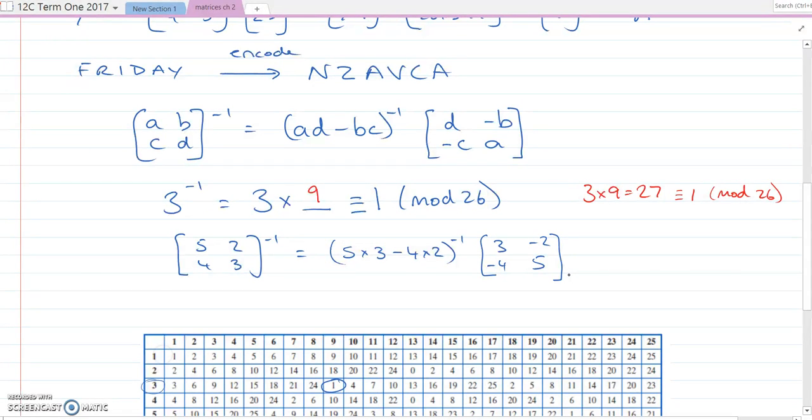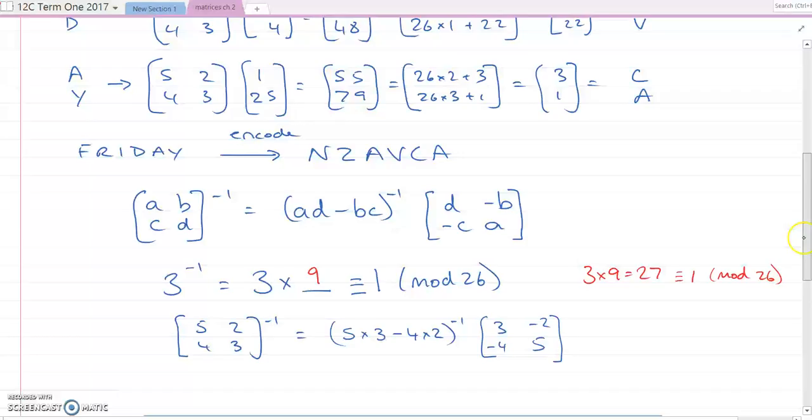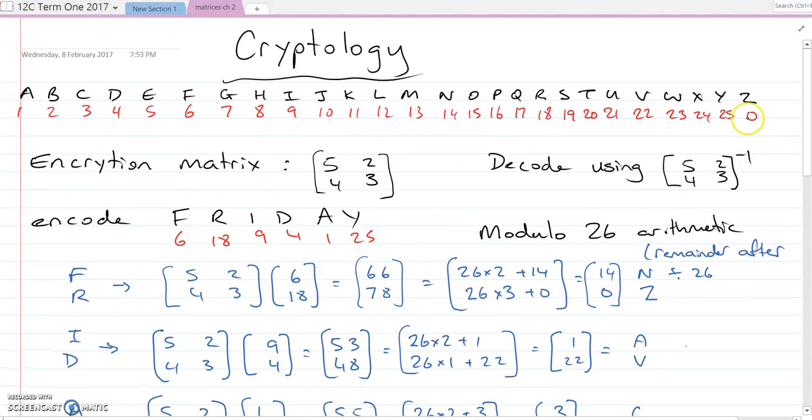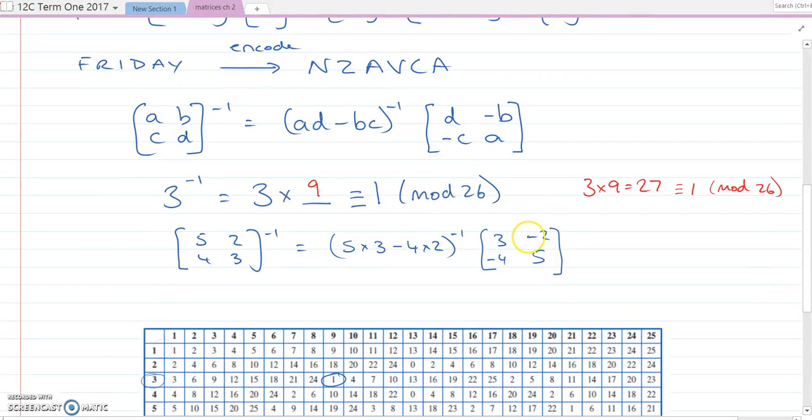But now remember, we have a -2 mod 26. -2 is 2 less than 0. Up here is 0; if you go 2 less, you're at 24. That's the same as 24, and this is the same as 22.